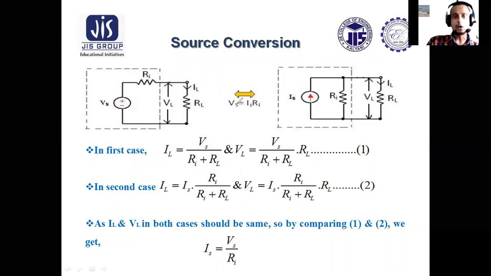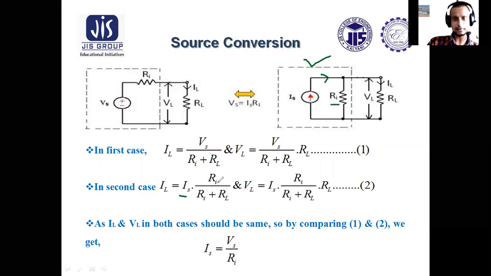Okay. Now for this second circuit, where Is has Ri in parallel with it, what should be IL? As per the current divider rule, as this is a parallel circuit, the total current Is will be divided into different currents. So IL equals the total current Is. While finding IL, the current through RL, the opposite resistance is Ri.